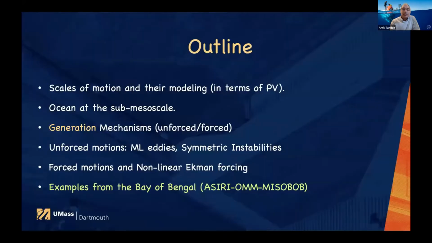So let's talk more now about what oceanic submesoscales are. I'll start out with a very general introduction by looking at the scales of motion in the ocean and how we think about them. And we will think about them in terms of a conserved variable, as you've seen in other talks, whether it was astrofluid dynamics or something else.